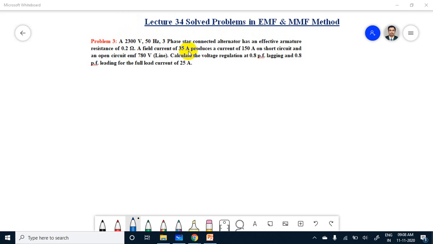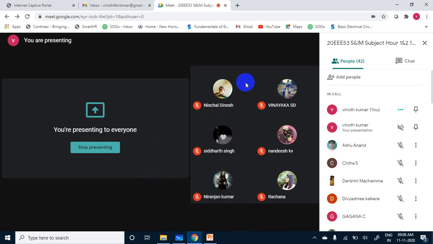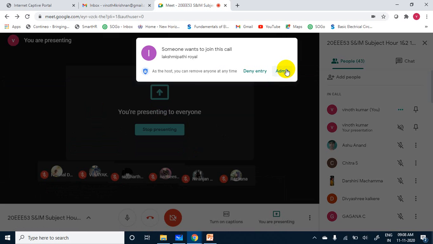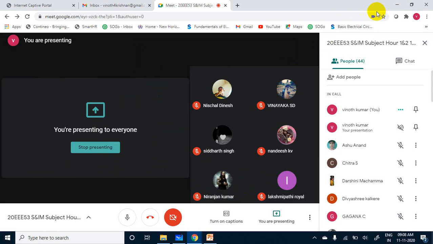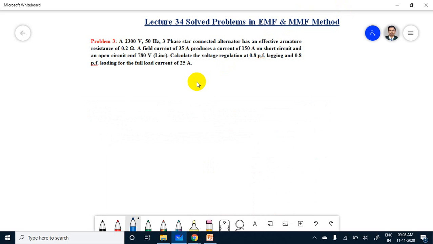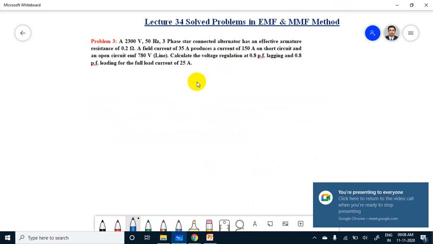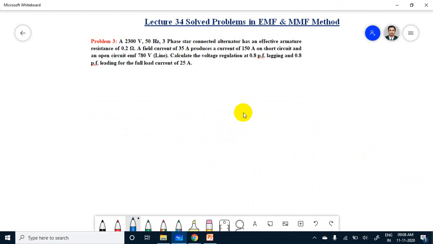A field current of 35 ampere produces a current of 150 ampere on short circuit, and an open circuit EMF of 780 volt, that is line. Calculate the voltage regulation at 0.8 power factor lagging and 0.8 power factor leading for the full load current of 25 ampere.